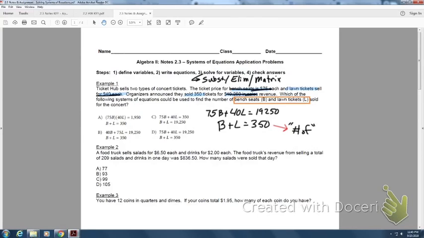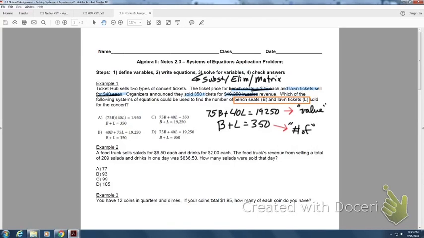The one above, a lot of times you'll hear me refer to this one as the value equation, which is just taking the number of, and you're just putting the value of each variable that it's talking about in front of it. The bench seats are worth 75, so it's 75B. The lawn is 40, so 40L.